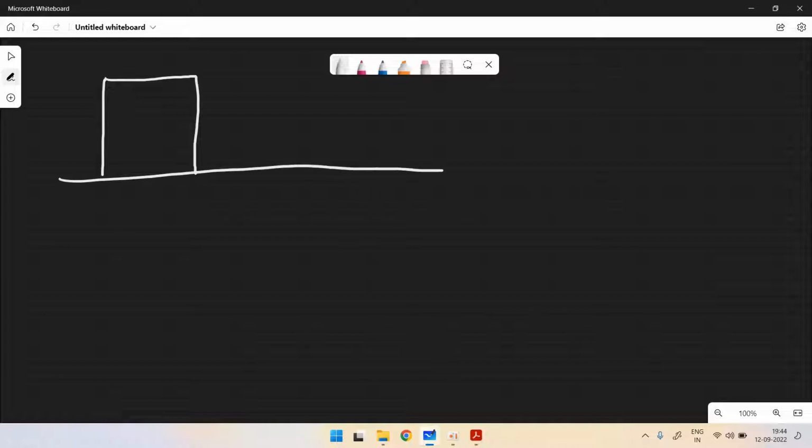suppose a person, this was a question on angle of elevation. This time I'm giving you the height of the building.